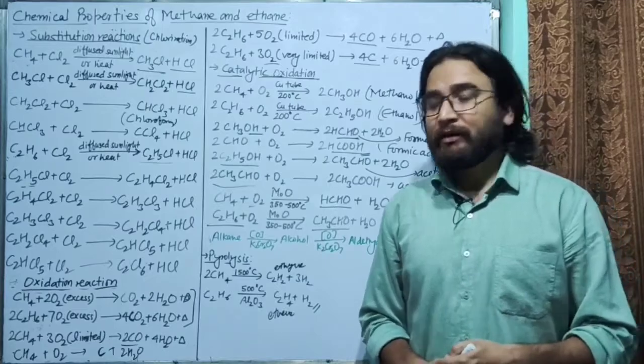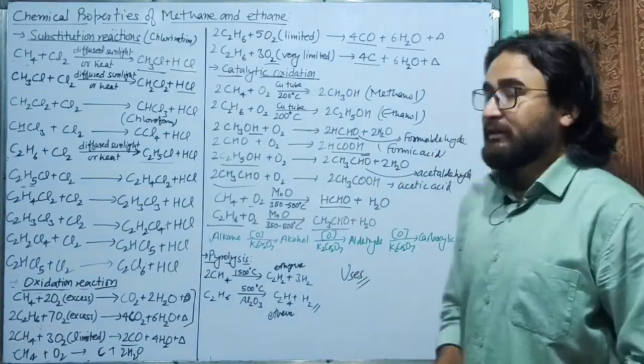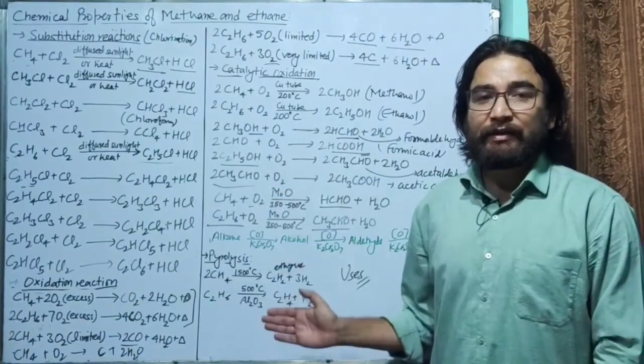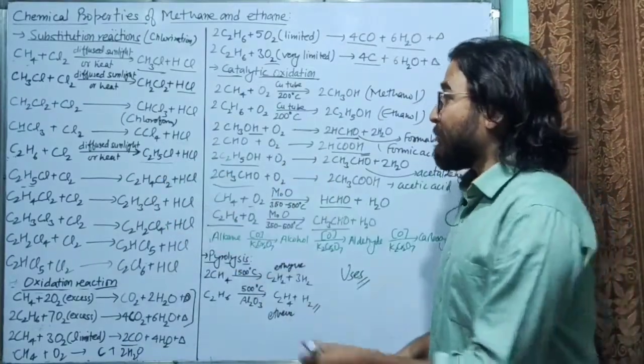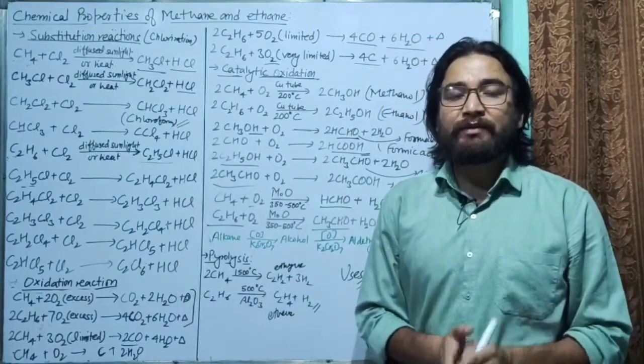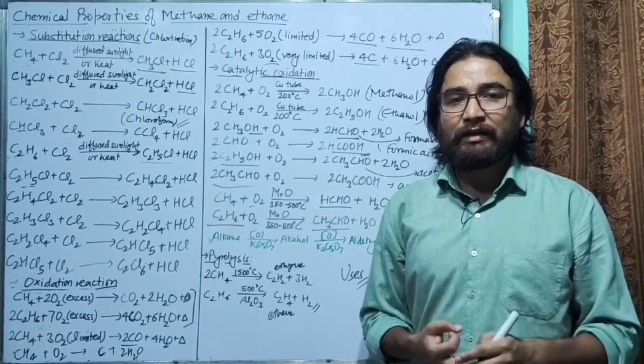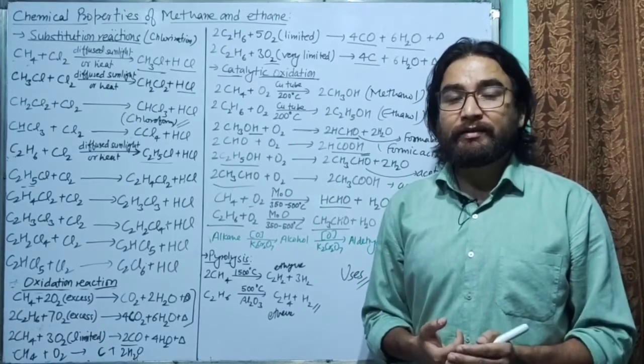Let's see what are the uses of methane and ethane. So you can see various chemical reactions. Methane is used to prepare chloroform. Chloroform is a very good solvent for organic compounds, as well as it is also used as an anesthesia.